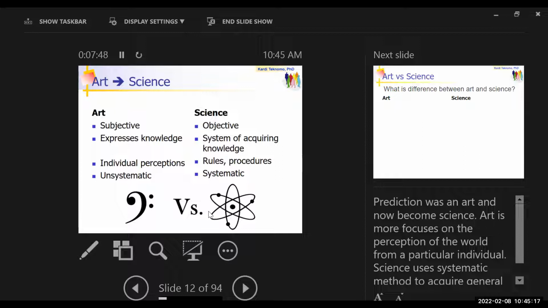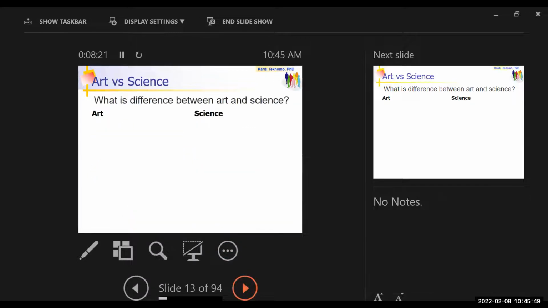It is so objective that we can actually put the tools into a machine, with a computer or calculator, isn't it? So in the past, it was really based on art, with individual perception, unsystematic. But now we create the science of prediction, which is more systematic, rule-based. Some procedure is there.